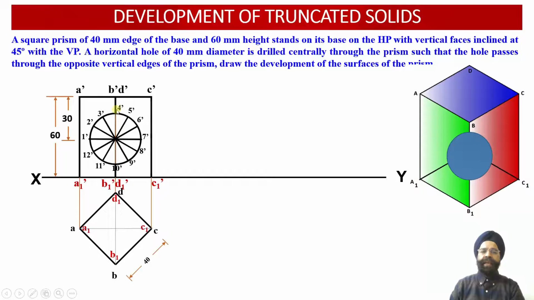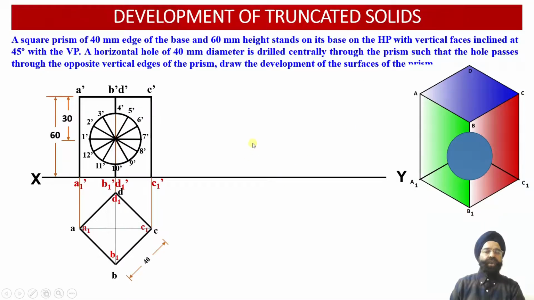And now we can see that these are the vertical edges which have not been intersected or cut by the circular hole. So this portion of the vertical edges BB1 and DD1 we have been able to join. So now we have been able to obtain the front view projections corresponding to the square prism which has been cut by a circular cutting plane, or a horizontal hole of 40 millimeter diameter has been drilled centrally through the prism.